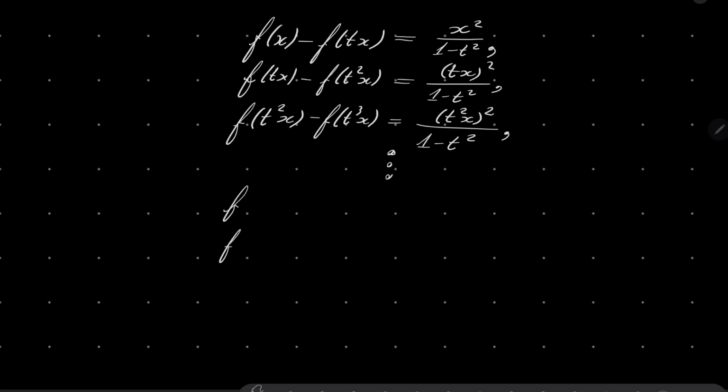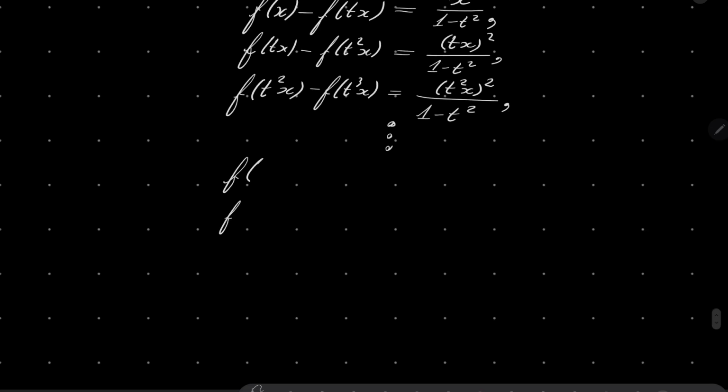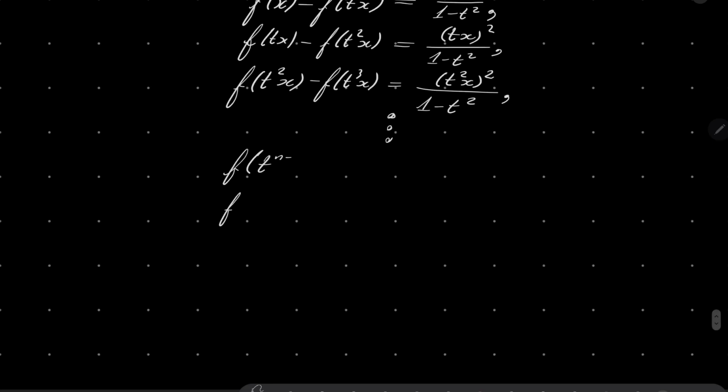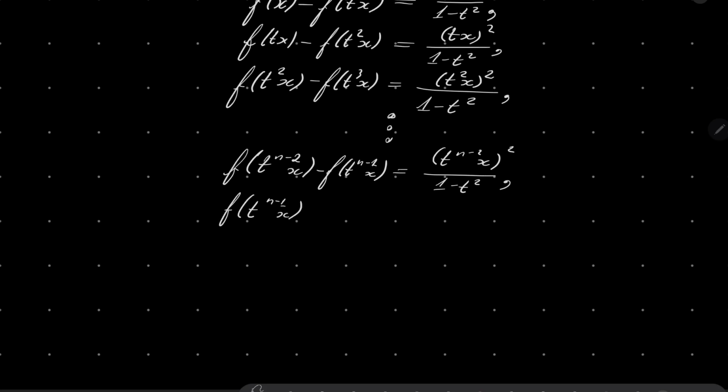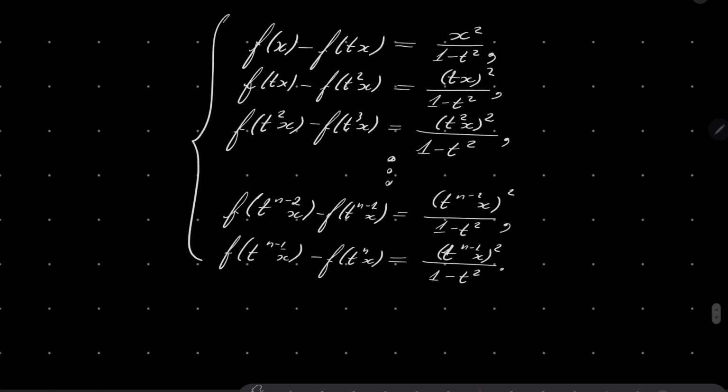The last two equations will be f of t to the power n minus 2 x minus f of t to the power n minus 1 x equals t to the power n minus 2 x squared over 1 minus t squared, and this line. Alright, and now again let's add all of these equations together.